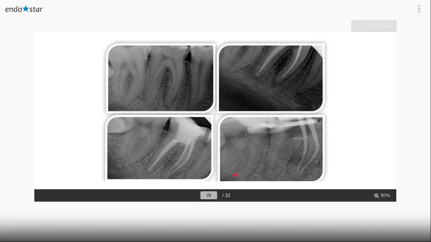But some practitioners prefer to use only one or two files to be fast and not to be hectic. So for these people, I will show these two cases, one lower molar and one upper molar, in the next slide. The first one, we have a lower 6, lower molar with irreversible pulpitis, 4 canals, curved mesial canals.